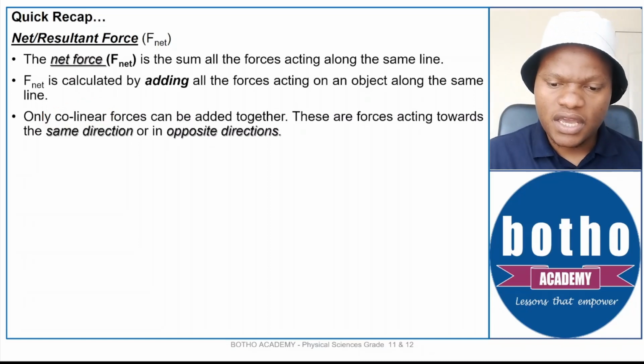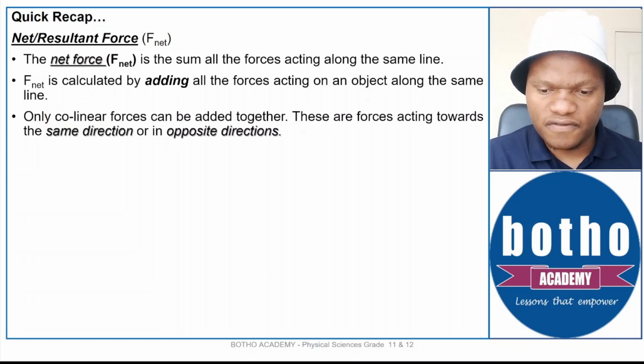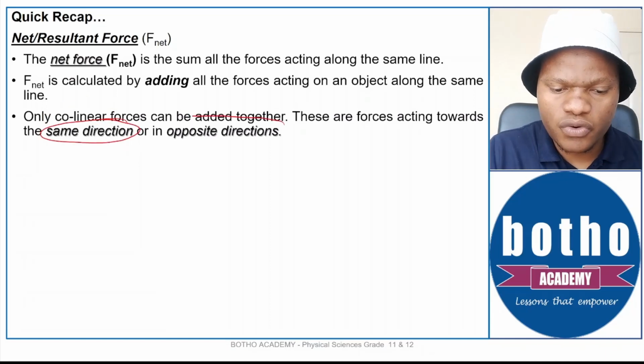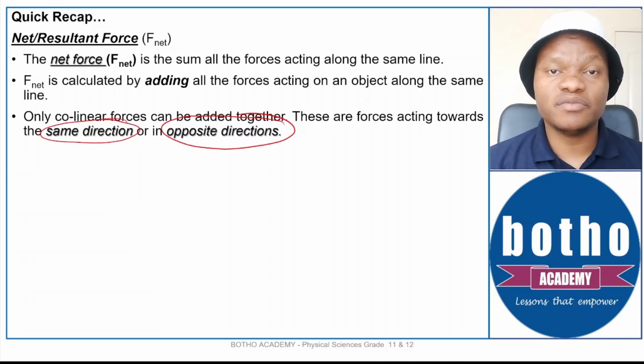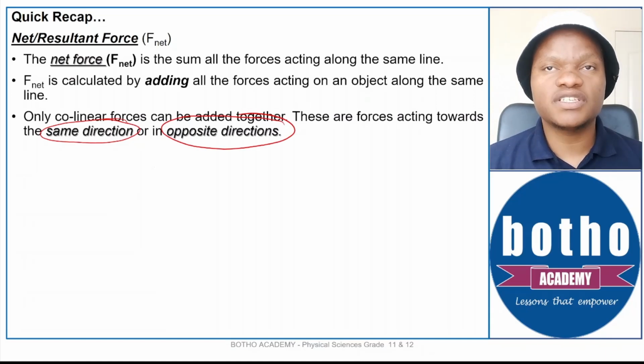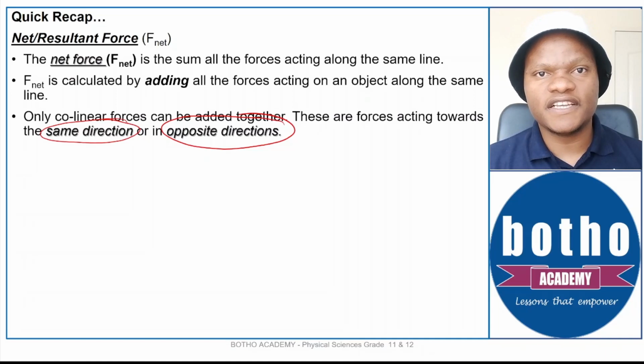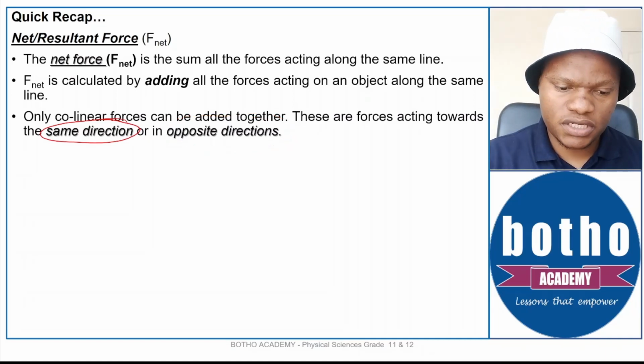In other words, you can only add vectors or forces if they are going in the same direction or they are going in opposite directions. That's what it means to be collinear. Collinear means along the same line, meaning either they are acting in the same direction or in opposite directions.